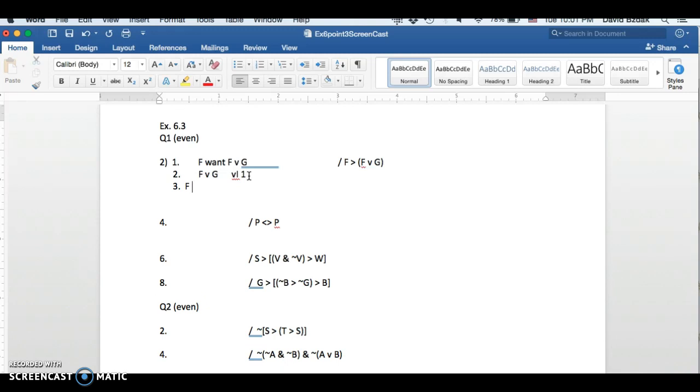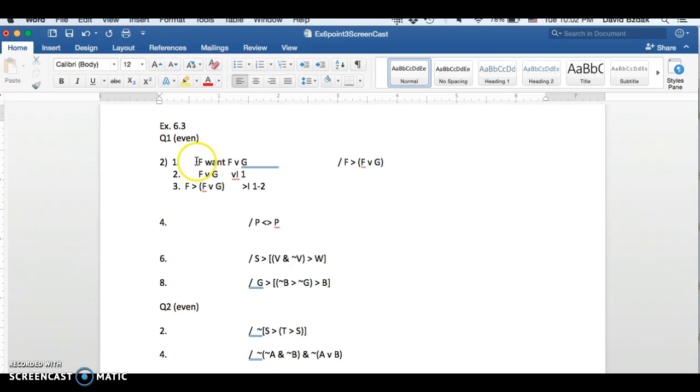If F, then F or G by conditional introduction 1 through 2. So that proves that this sentence then is a tautology. All right. So we derived it from no premises.